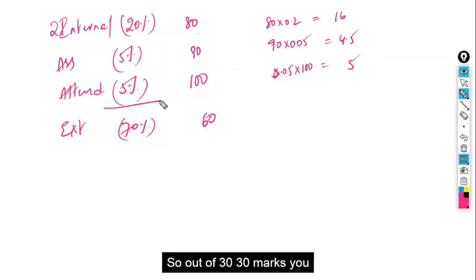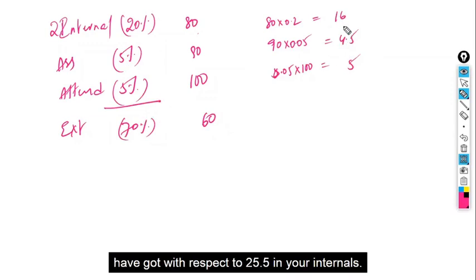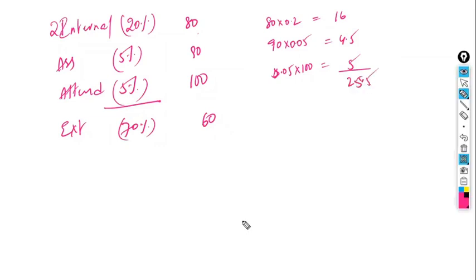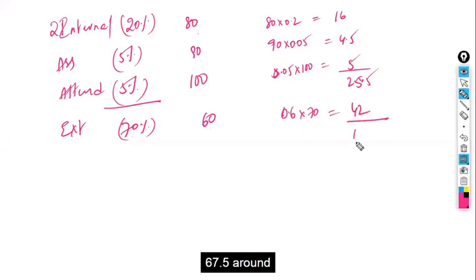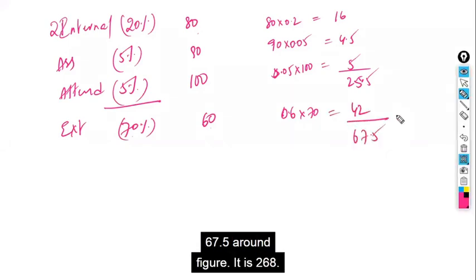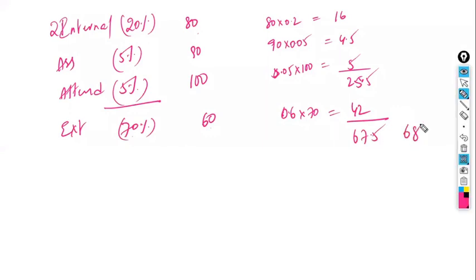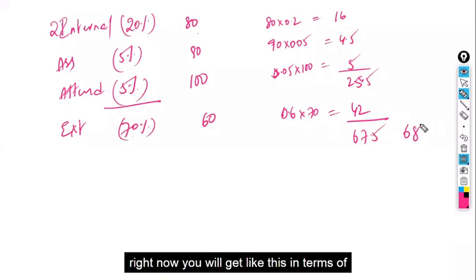So out of 30 marks you have got 25.5 in your internals. In the external, 60 into 70, that is 0.6 into 70, which is 42. Total is 67.5. If you round it, it is 68.